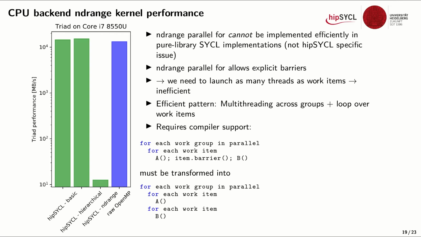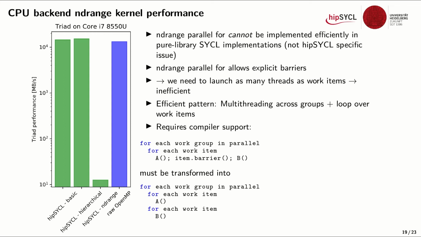This is a simple SYCL triad code running on a CPU with hipSYCL, and you can see that if you use basic parallel_for or hierarchical parallel_for, you get pretty much the same performance as when using raw OpenMP on the same hardware, but if you use nd_range parallel_for, performance drops by several orders of magnitude. So this is a massive performance loss.